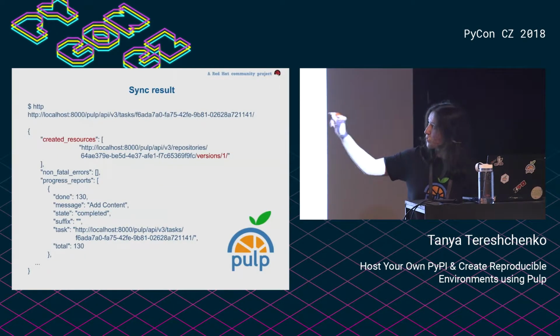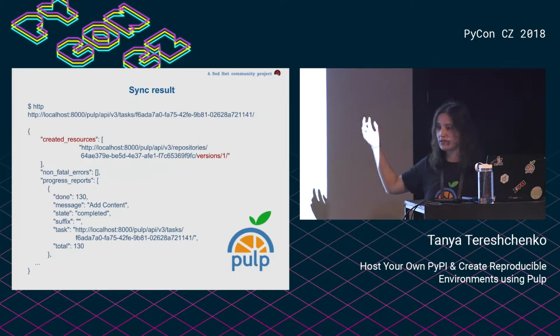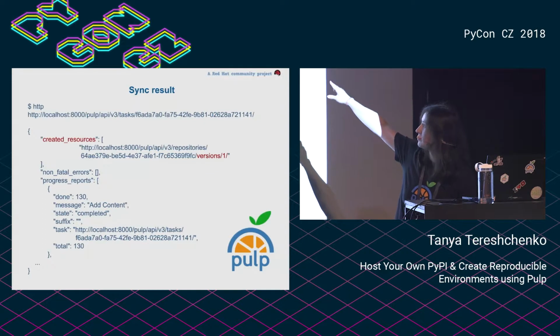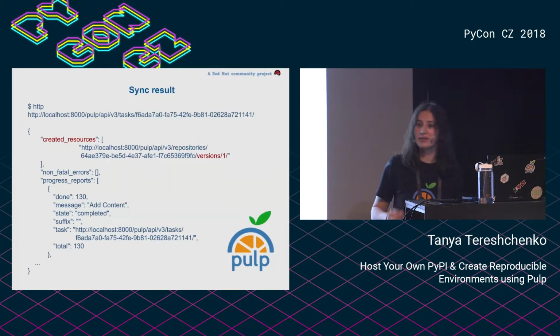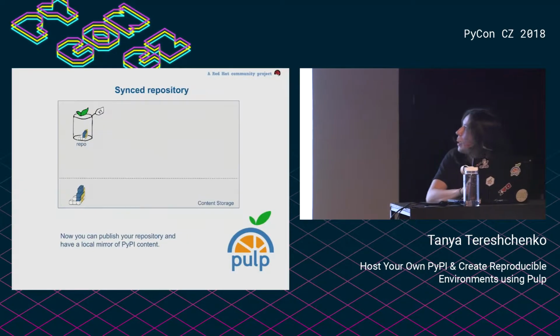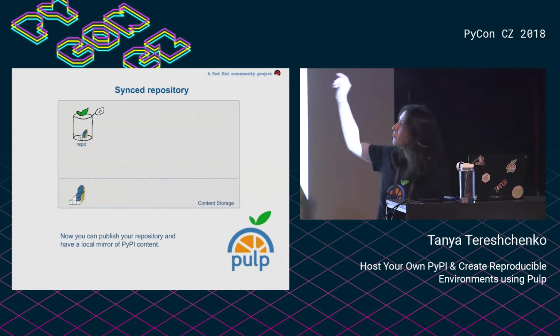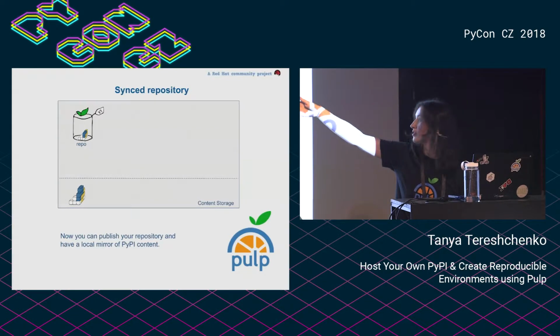But important thing to see is what was created during this task. And the repository version #1 was created. We'll talk about repository versions a bit later, but it's an important thing to keep in mind. So good, we have our content in Pulp. We have our repository version #1, which refers to the content in Pulp.